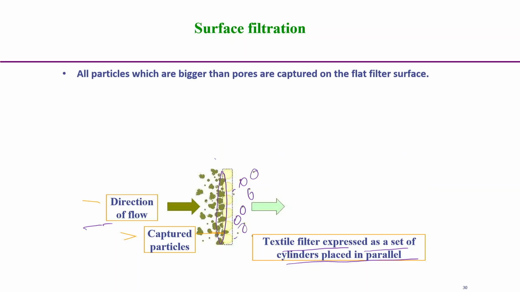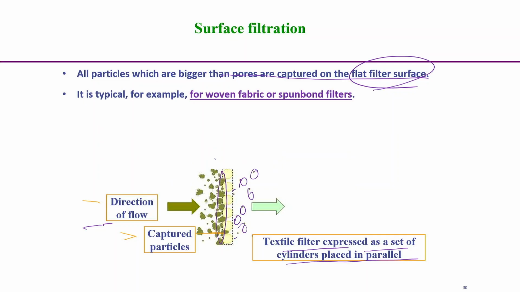All particles which are bigger than the pores are captured on the flat filter surface. A flat filter surface is provided mainly by woven fabric, but in nonwoven also we can get it, particularly thin nonwoven fabric like spun bonded fabric. So, a typical example is woven fabric or spun bond filters.